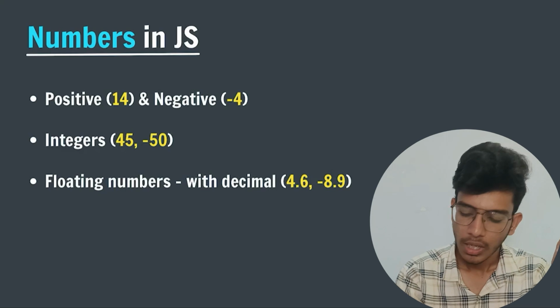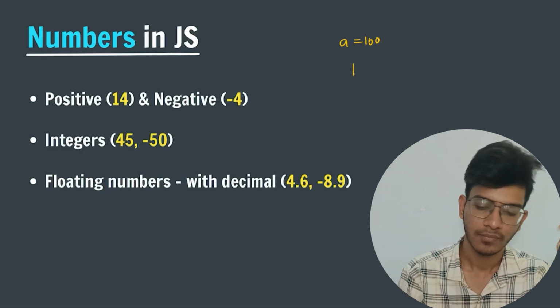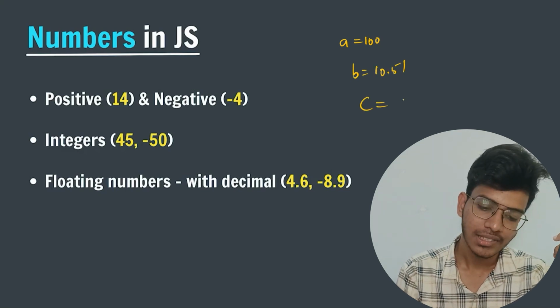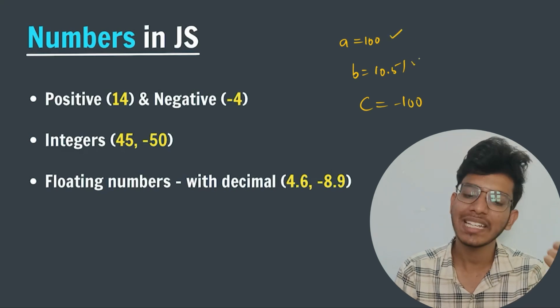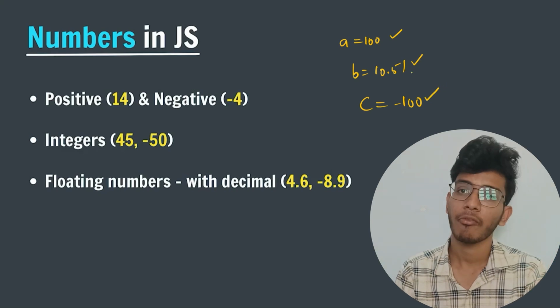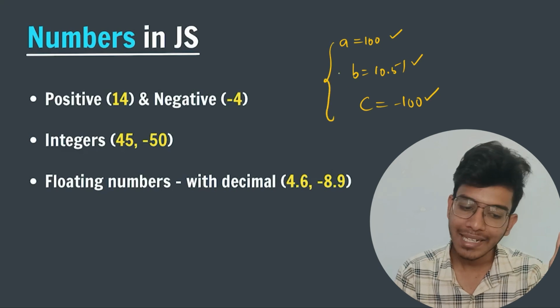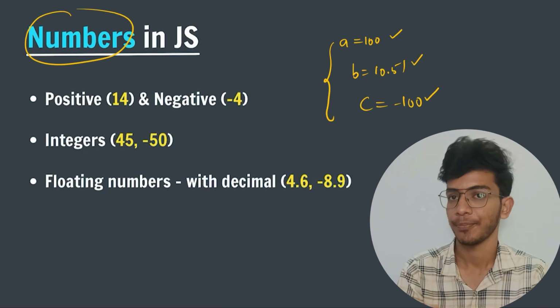Let's say here I am writing A is equals to 100, B is equals to 10.51, and C is equals to minus 100. Whether it is an integer, a decimal value or a negative value, whatever the value might be, if we are assigning numbers to a variable, then the data type of that variable will come under the number data type.